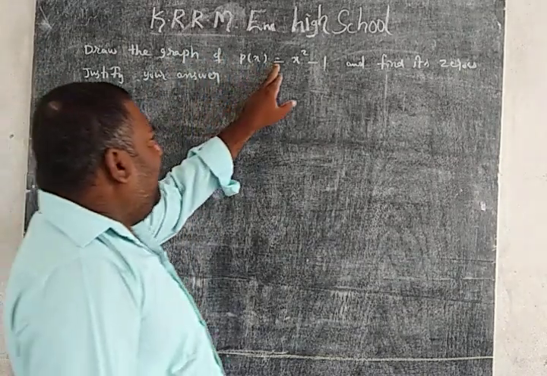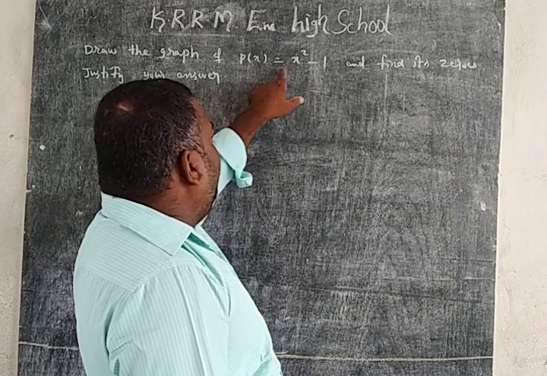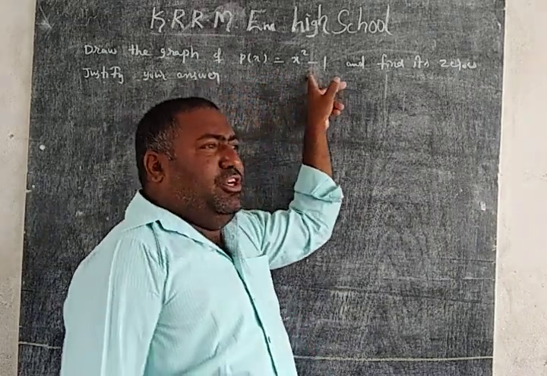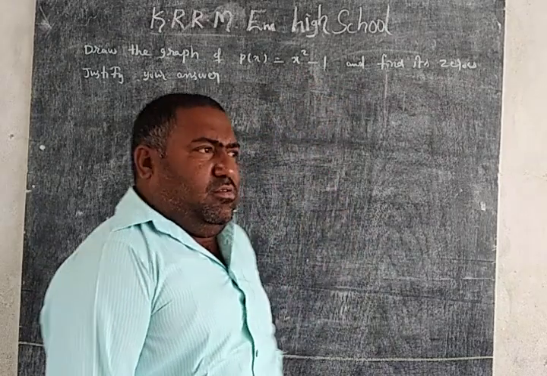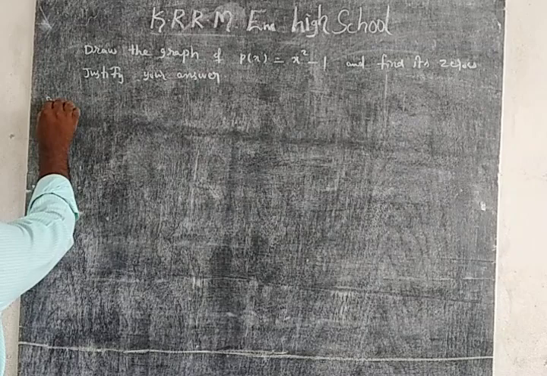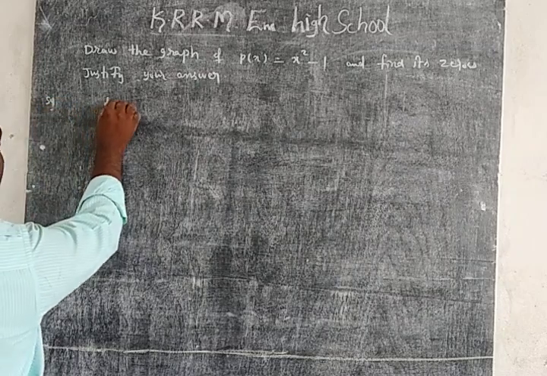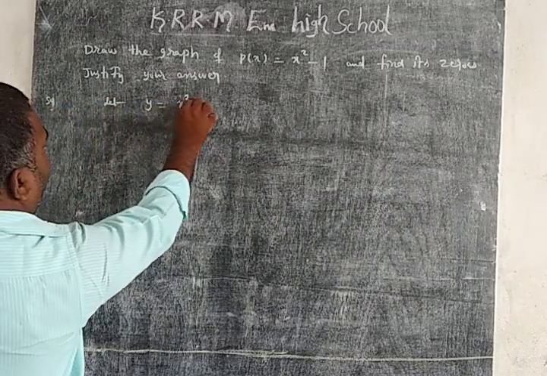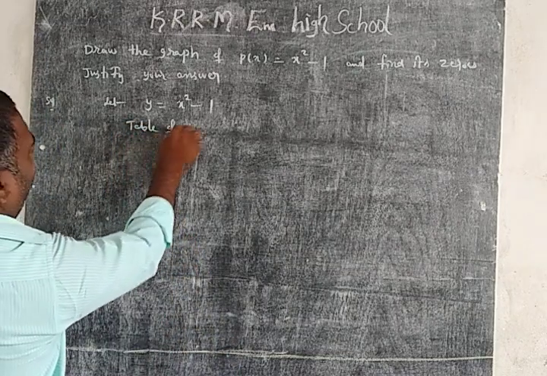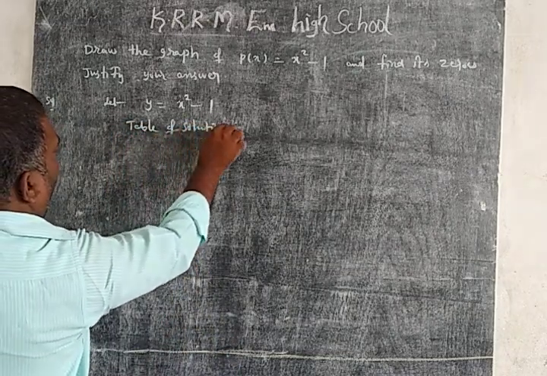To draw the graph of p of x equal to x square minus 1, we need ordered pairs. So how to prepare ordered pairs? Let y be equal to x square minus 1. So we prepare a table of solution.